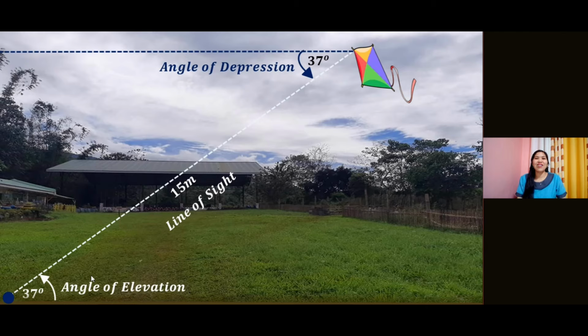Okay, so that's it for our review on the basic trigonometric ratios and the concept of angles of elevation and depression. Make sure to play, replay, and pause this video for you to understand your lesson better and for you to answer your modules correctly.